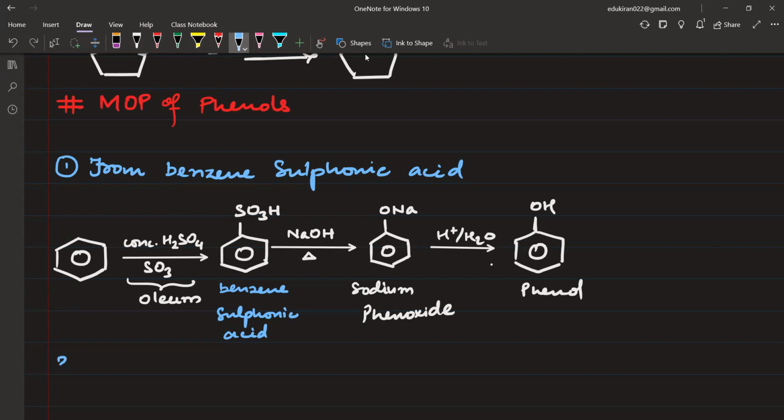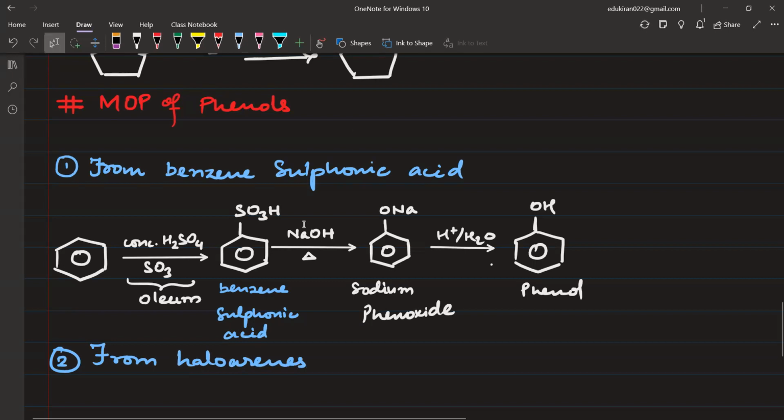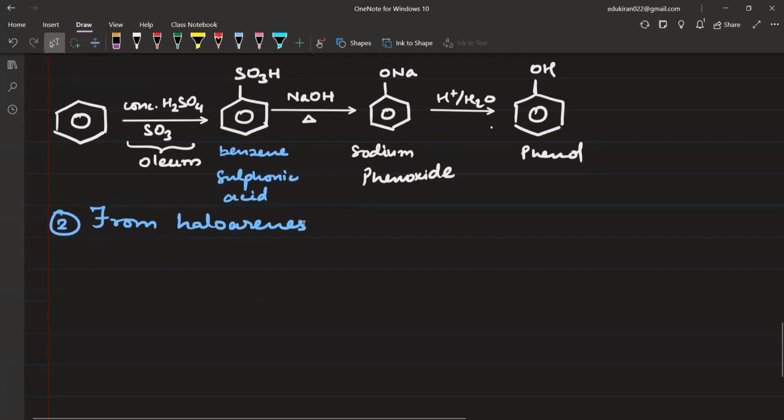After this, we are going to look at a reaction that we have already seen in the last chapter, from haloarenes. This is one of the commercial methods of preparation of phenol. Here we use a very cheap substrate, chlorobenzene, and also a very cheap reagent.